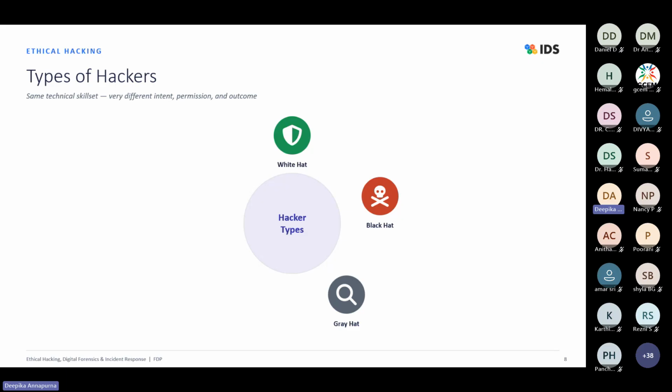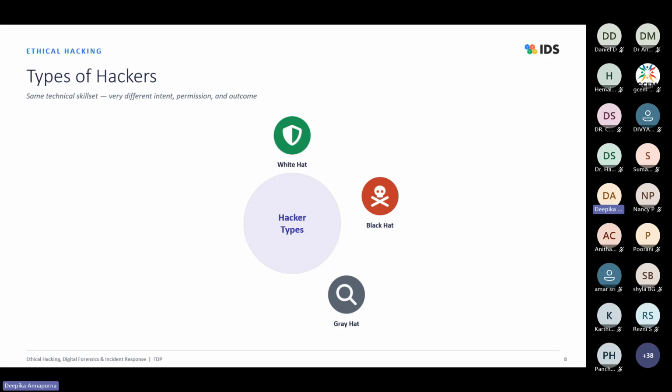The third one is the gray hat hackers. So, what are gray hat hackers? They are somewhere in the middle of white and black hat. Okay, so they will identify the vulnerabilities without permission. They will do it without permission, but they will not cause any harm to the organization. Instead, they will just disclose them to the organization instead of exploiting them.